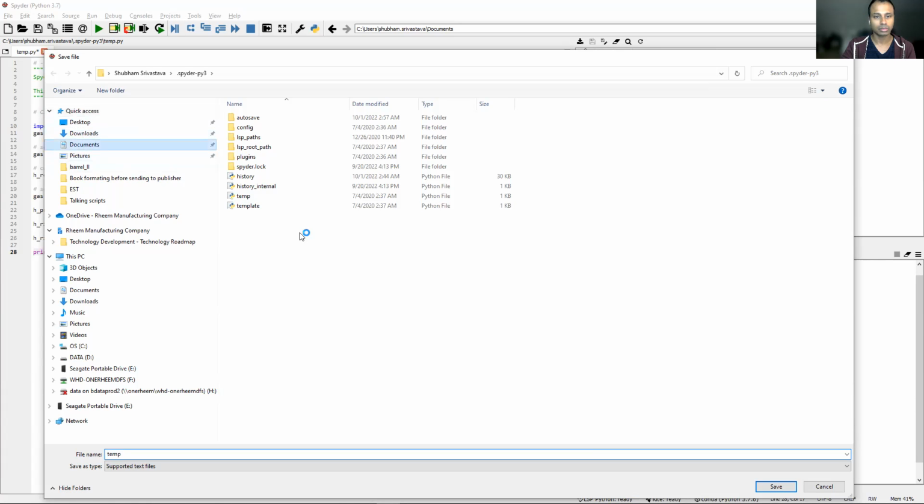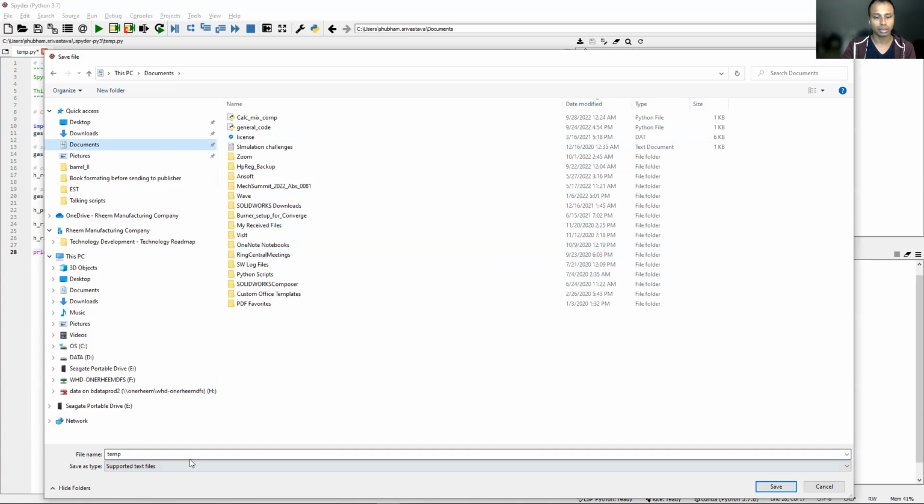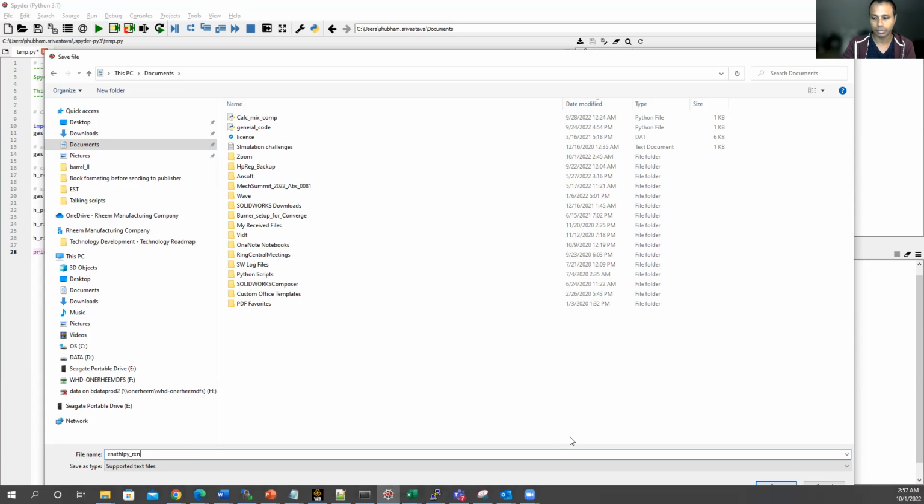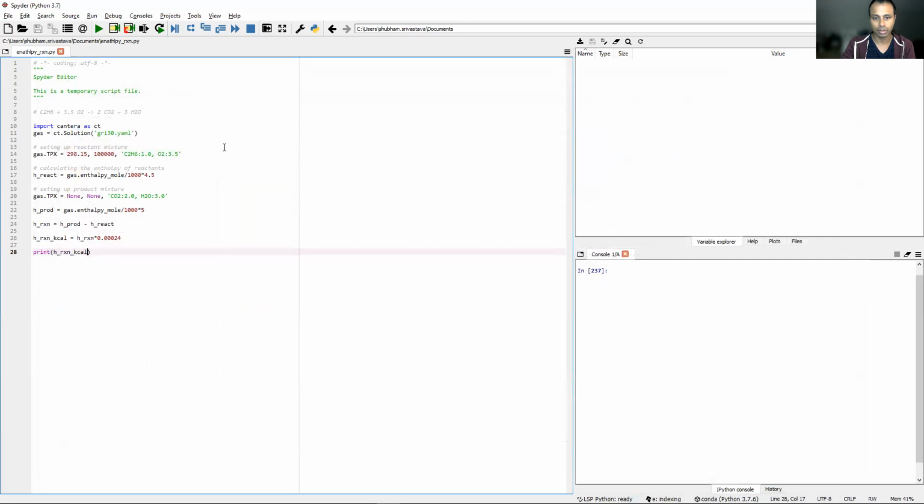Let's save it in documents as enthalpy reaction. Save. Okay, let's keep our fingers crossed. Actually, I need to add some comments here as well, but let's quickly go and run the code and we will do that too.